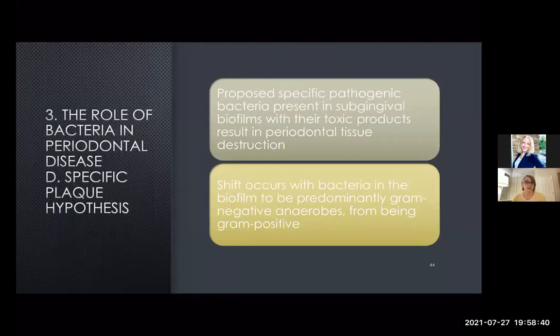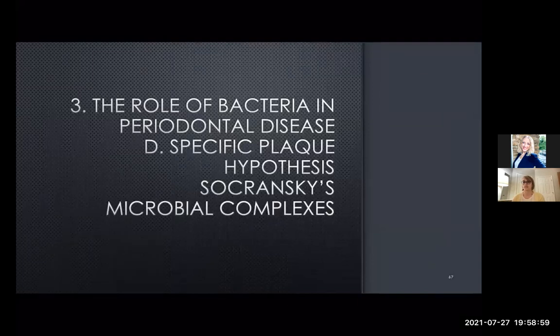Next, we have the specific plaque hypothesis. And this meant that specific bacteria present in biofilm result in periodontal tissue destruction. Basically, gram-negative anaerobes were thought to be the only cause of periodontal diseases.